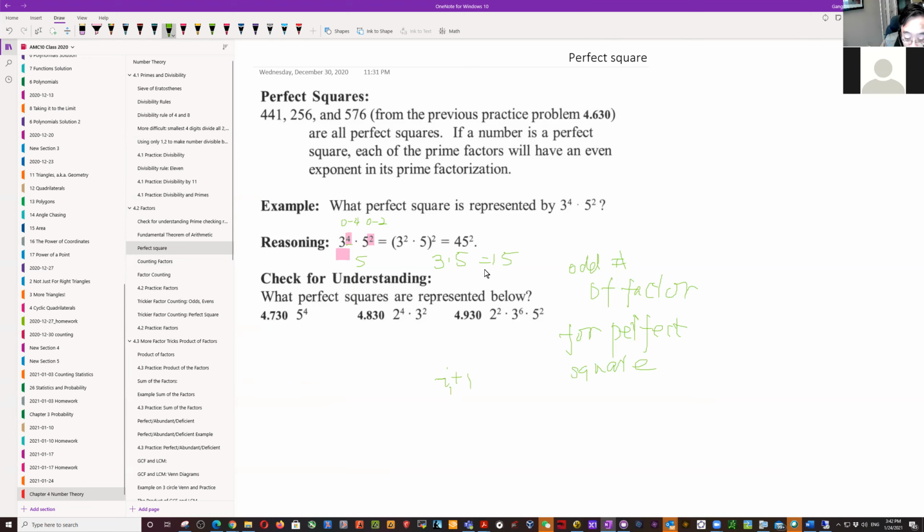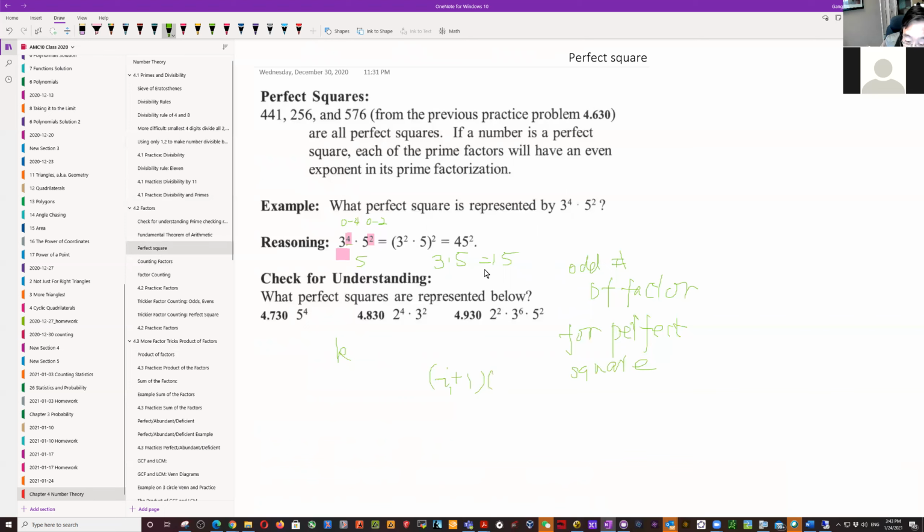If you have, for example, k prime bases, then for each base, because the index is always even, plus 1 equals odd.